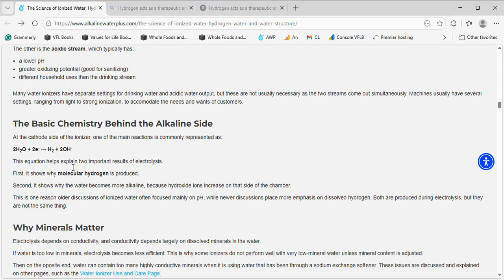Now, of course, you've got your dissolved electrolytes in there that will also have this negative charge as well. But that's the basic principle of what happens and the chemistry behind it.